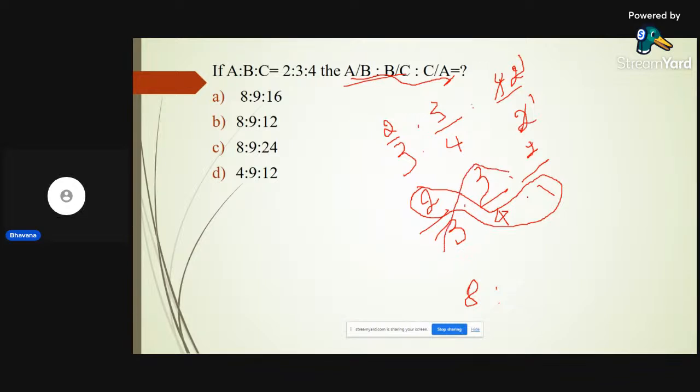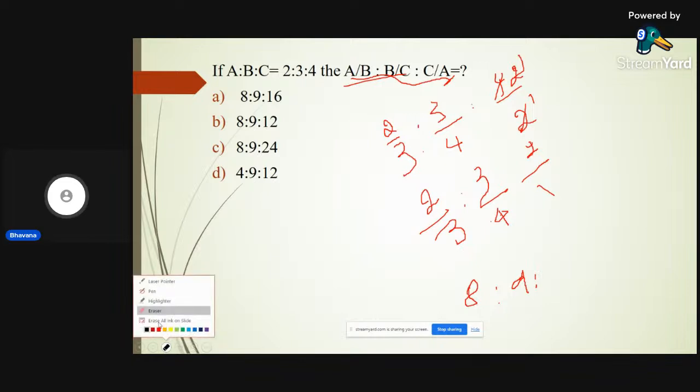Next, these three values: 3 threes are 9, 9 ones are 9. So A is 8, B is 9. Yeah, wait, I will erase, you will get confused. We already know the value, 8 is to 9.